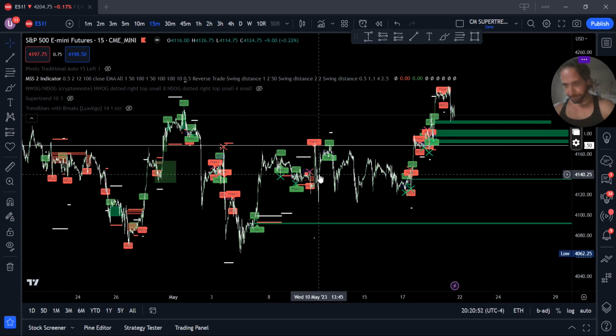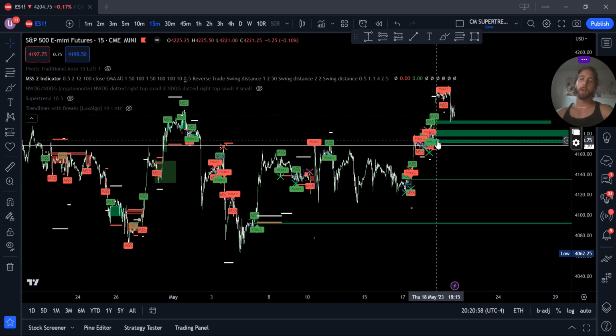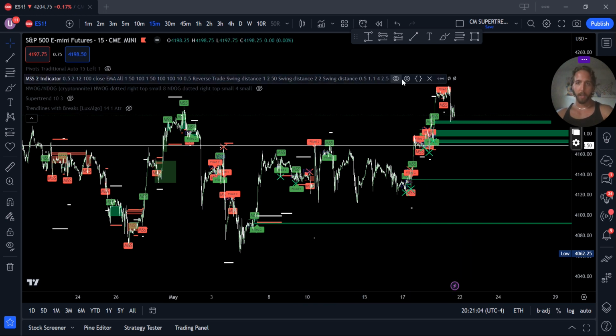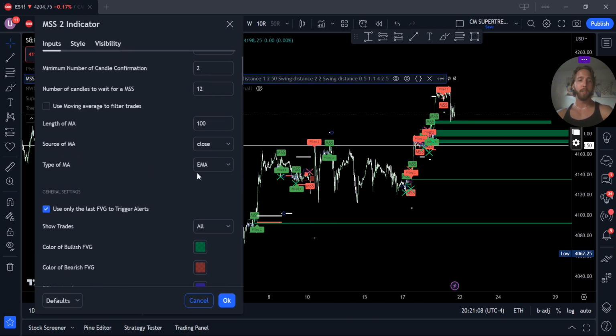So let me just show you an actual example of how this is used. Once this broke above this line here, I won't go into why that line is there, but once it did, I changed this so that my trading bot was only taking bullish trades. I had it taking all the trades before, but only bullish trades at this point.